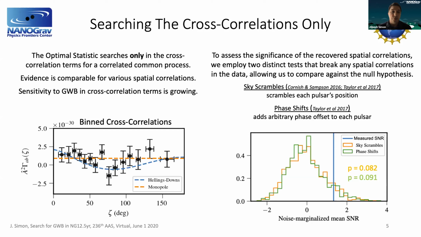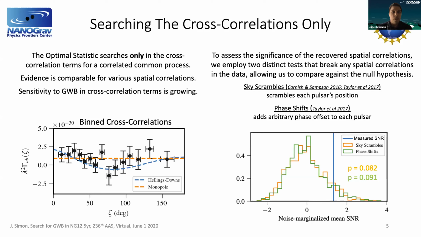So here I'm showing both the quadrupolar correlation in the blue and then just a flat monopole in the orange. And as you can see, we can't quite distinguish between these two at the moment.